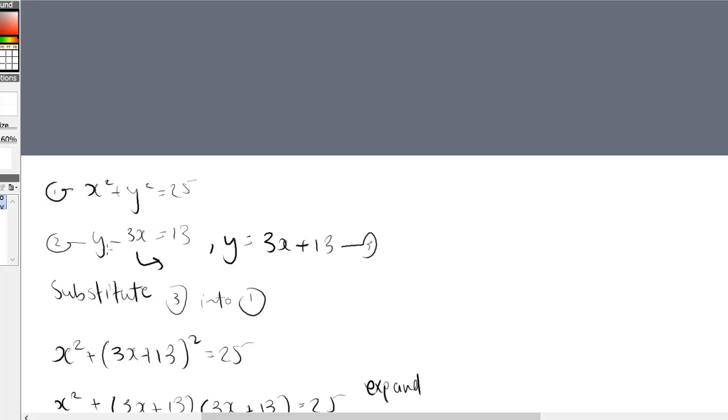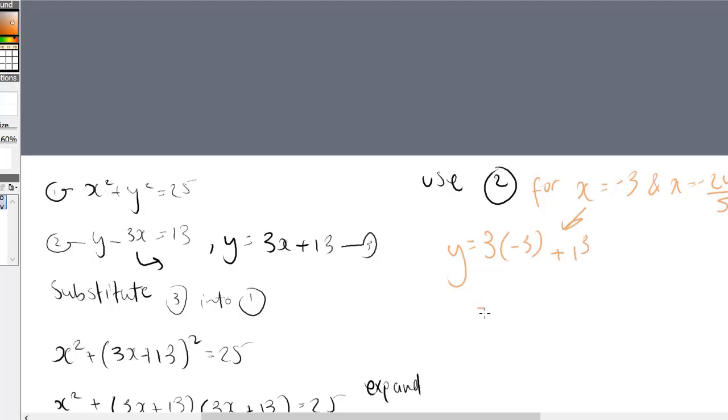Okay, so now I need to take these values of x and put them in to find my value of y. So let's use 2. Let me try a different color. Use 2 for x equals minus 3 and x equals minus 24 over 5. So y equals 3 times minus 3, plus 13. So this gives me minus 9 plus 13, which gives me 4.